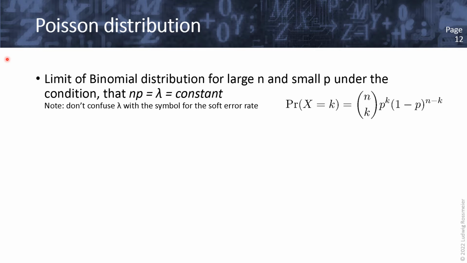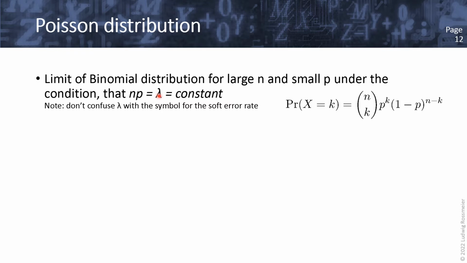To resolve these issues with the binomial distribution, we approximate it by the Poisson distribution. This is possible if we talk about rare events. The Poisson distribution is the limit of the binomial distribution for large n and small p under the condition that n times p is a constant which we call lambda.